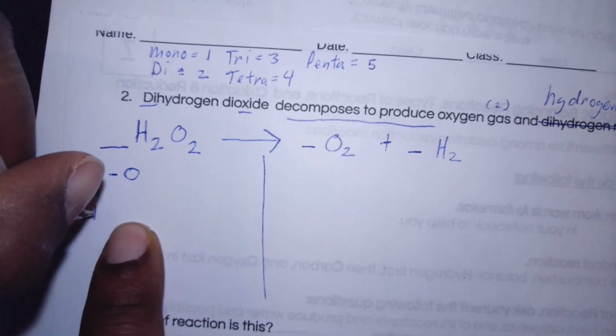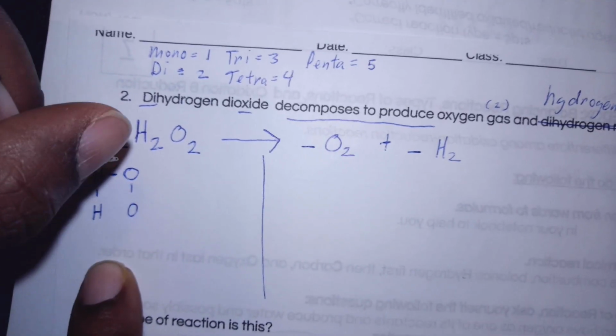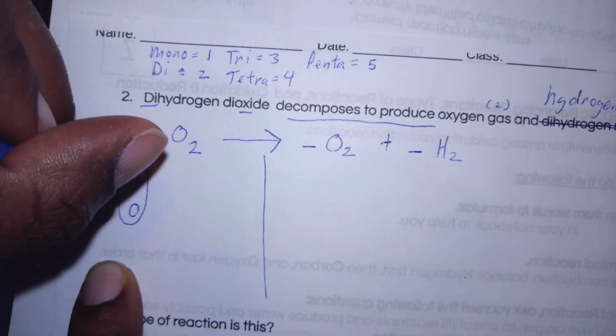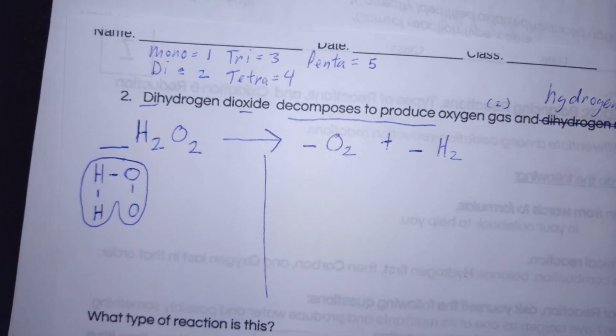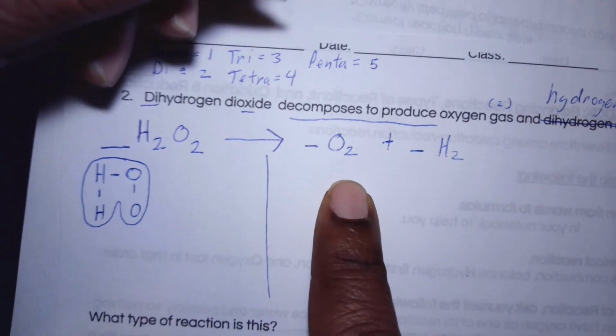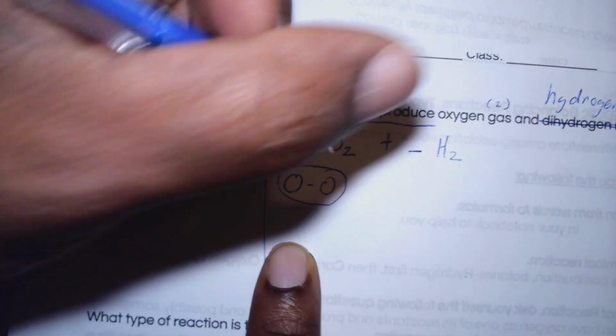So I'm just going to put an H down here. I'm just going to put O connected to itself down here. And yeah, this is a funny looking way to do it, but this is our molecule. Then we have O2, which is oxygen combined to itself. We have H2 combined to itself.